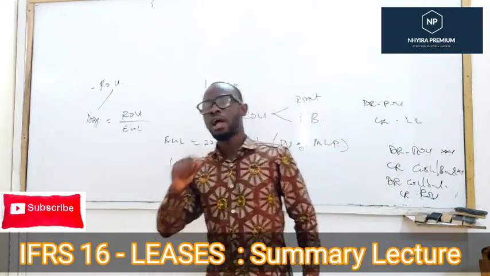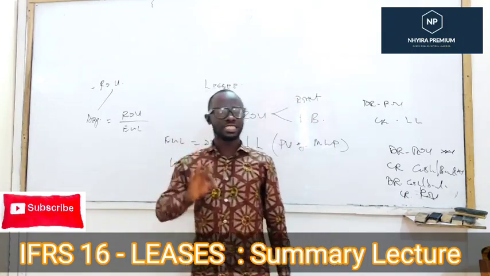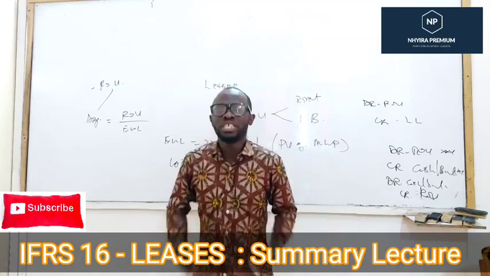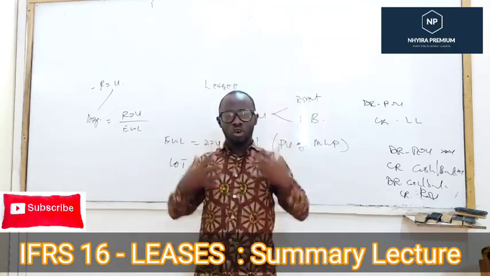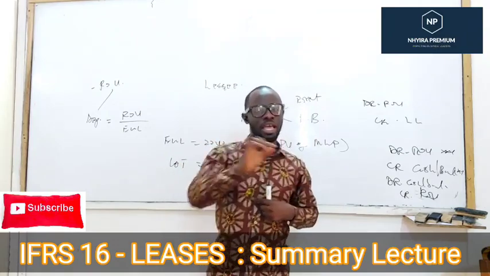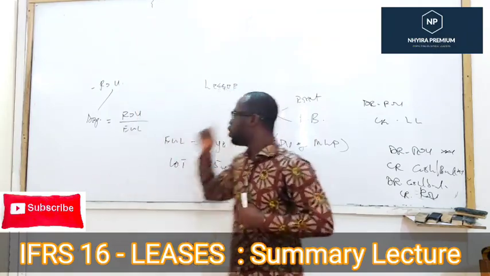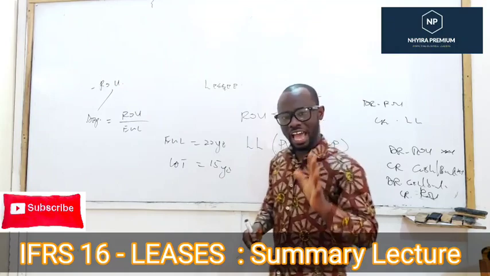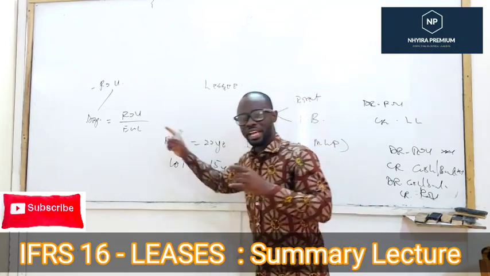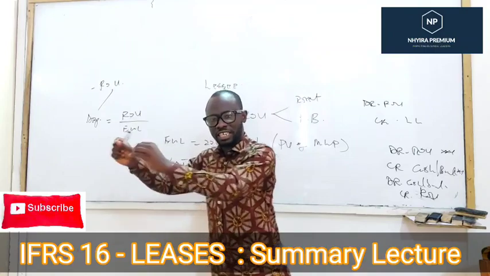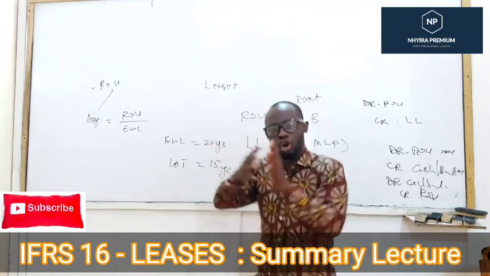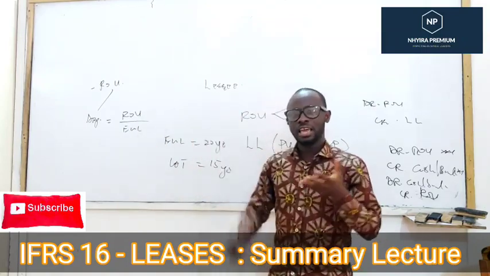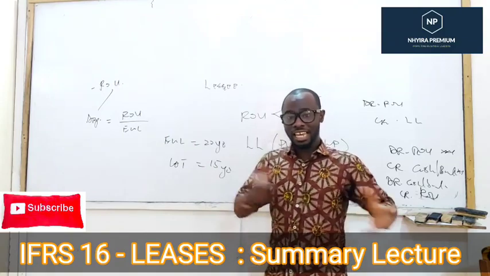However, the standard also gives an exception: where there will be transfer of ownership to the lessee at the end of the lease term, then the lessee will depreciate the asset using the economic useful life of the assets. Let me take that again. IFRS 16 states that when it comes to subsequent measurement of right of use of assets, the lessee should depreciate the asset on a straight line basis using the earliest of the lease term and the economic useful life of the assets, the earliest.